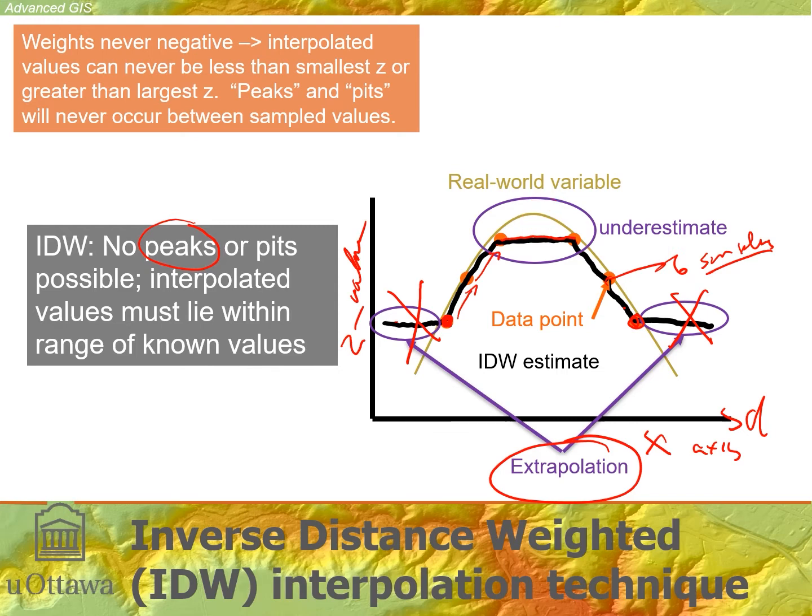So there's no way for this location to know that it's on an increasing Z. So Z is, you see Z is increasing here. So it's not taking that type of information to know, well, maybe it should increase a little bit more here as well. Likewise, then decreasing. So it doesn't know that, the inverse distance interpolator.